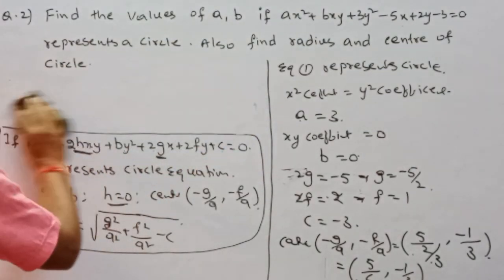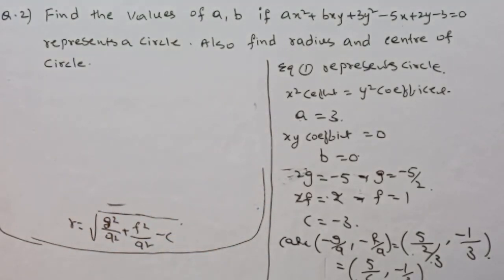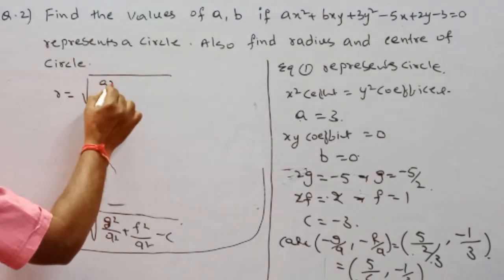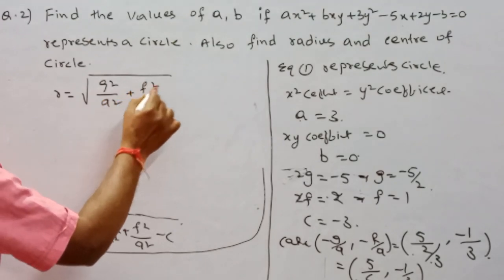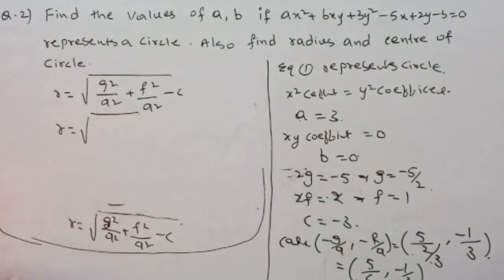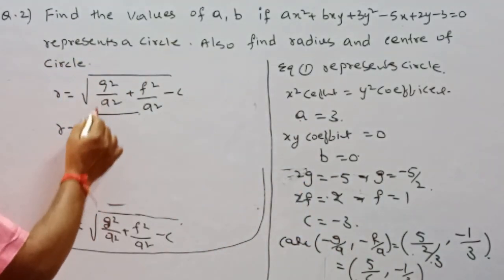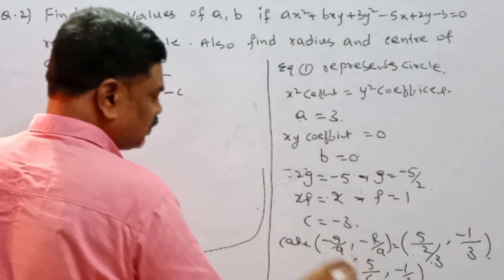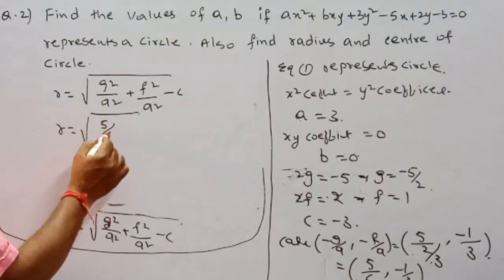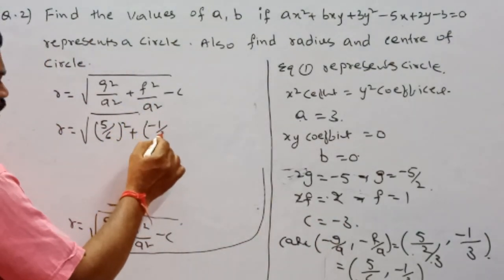Then you have to find the radius of the circle. R is equal to root over g square by a square plus f square by a square minus c. What is g? g is equal to minus 5 by 2. g by a is equal to 5 by 6, that is 5 by 6 whole square. f by a is minus 1 by 3, whole square.